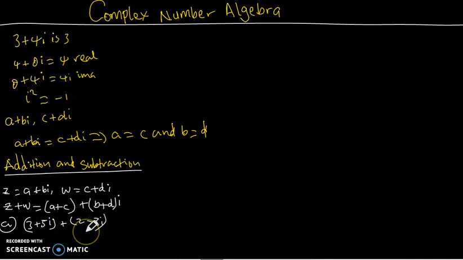To do this, we first take the real and then the imaginary part separately. So we'll have 3 plus 2, because 3 plus 2 is the real part, and then we need to add the imaginary part. The imaginary part, as you can see, is simply 5 minus 3.